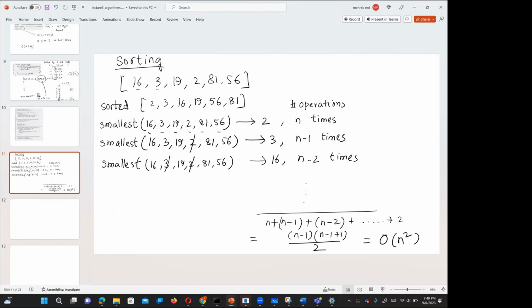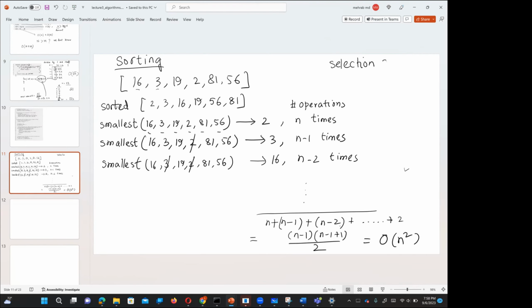It doesn't matter whether it's an efficient algorithm or not, it is still some kind of thinking process, which is an algorithm, and this algorithm is order of n square, right? So the algorithm that we just solved here, we can call it selection sort.